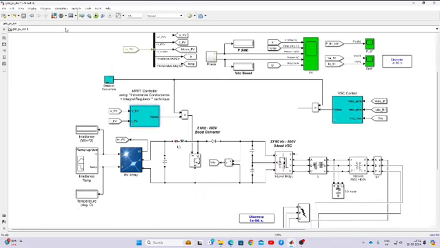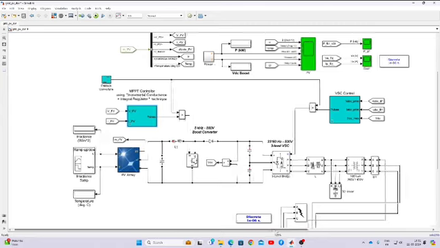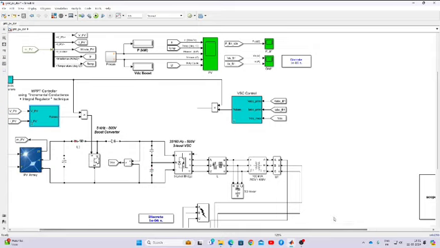Next we have the 3-level inverter. This is going to be controlled by means of voltage and current control.